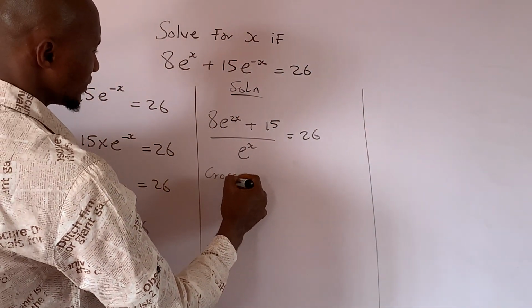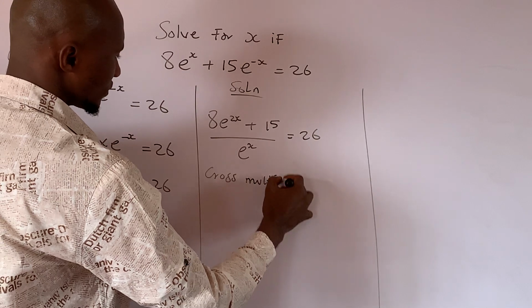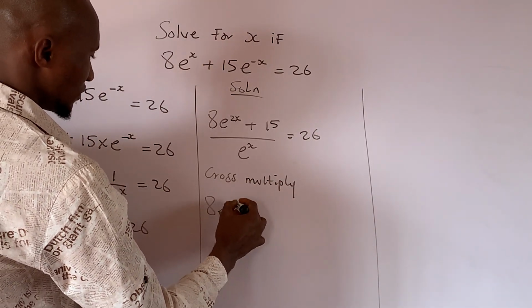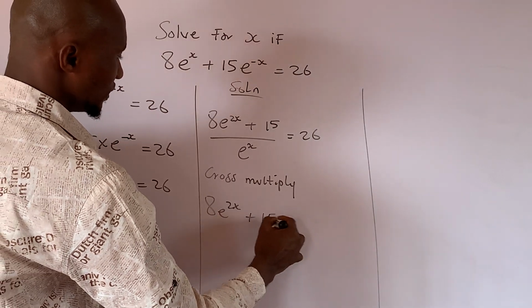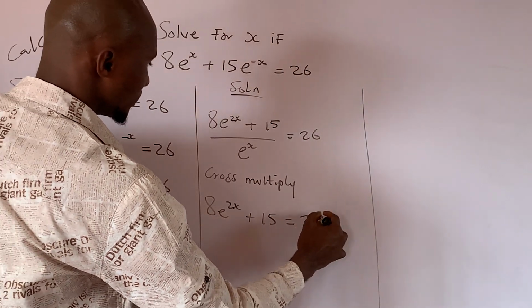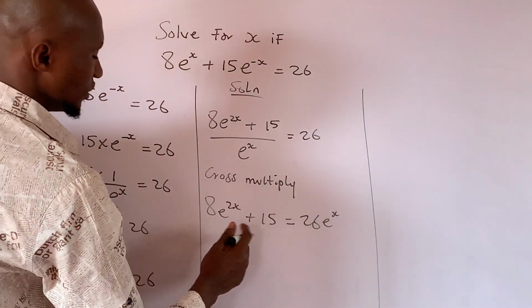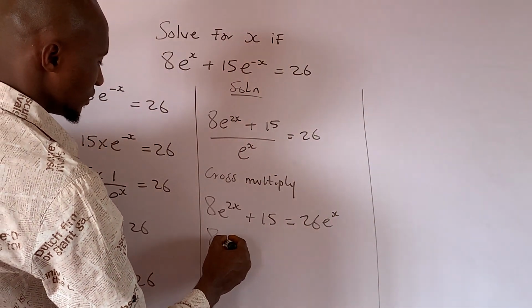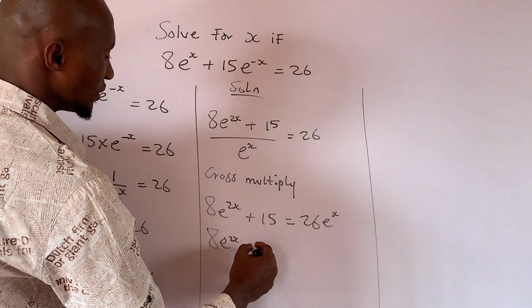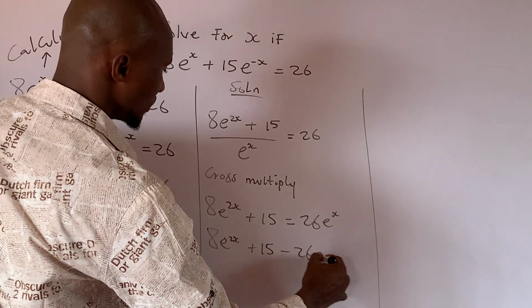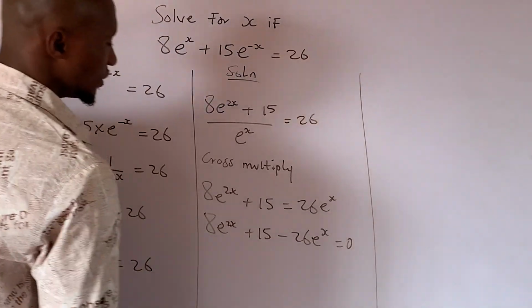What do you do here? Cross multiply. So here you have 8 exponential square plus 15 equals to 26 exponential function. So here you have 8 exponential square plus 15 minus 26 exponential equal to 0.